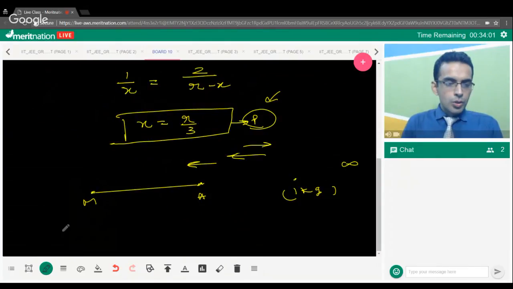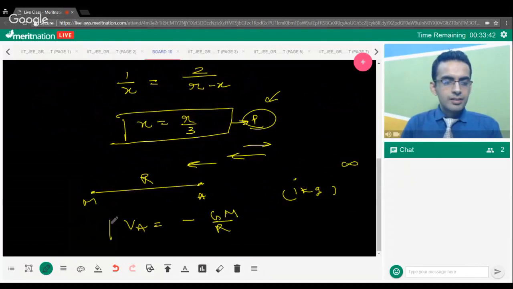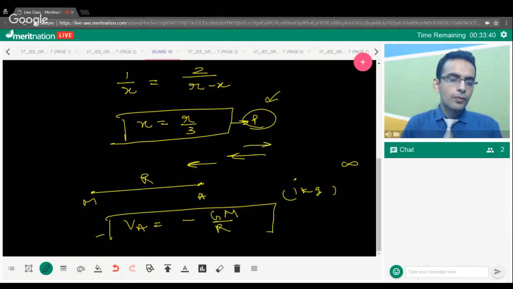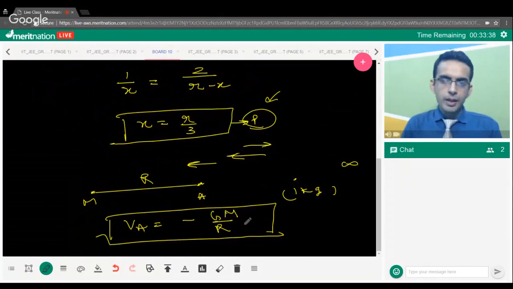Okay. So for a point mass of capital M at point A, that is at a distance small r, the gravitational potential is given as minus of GM by capital R. This is the formula for gravitational potential. Okay.